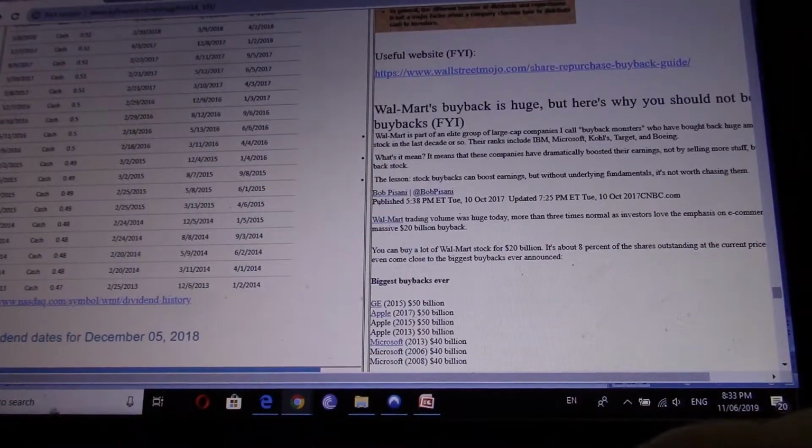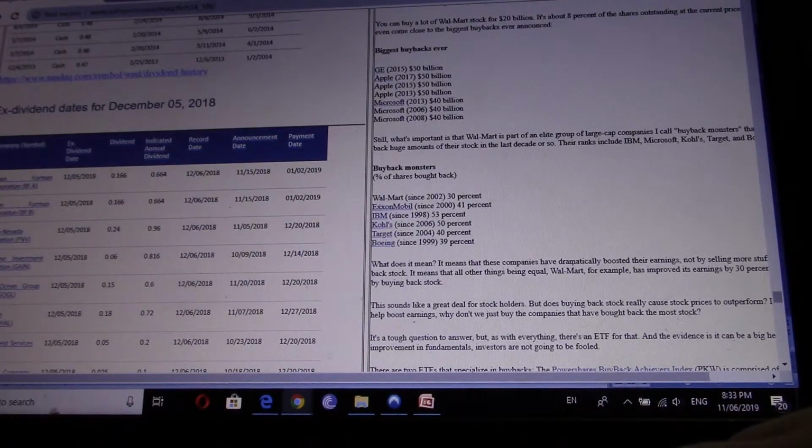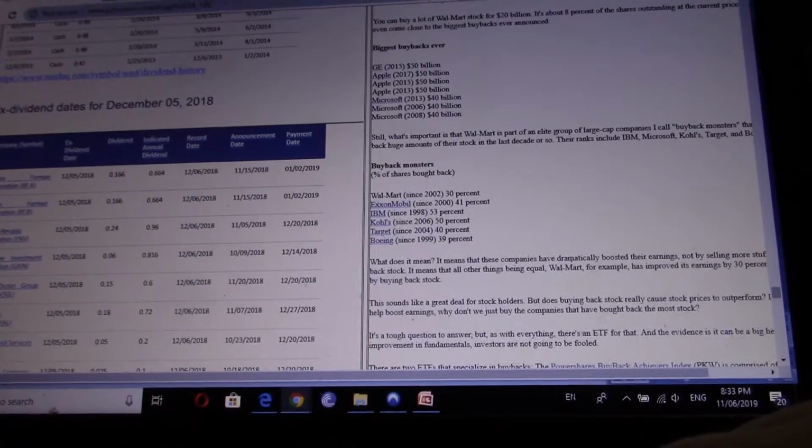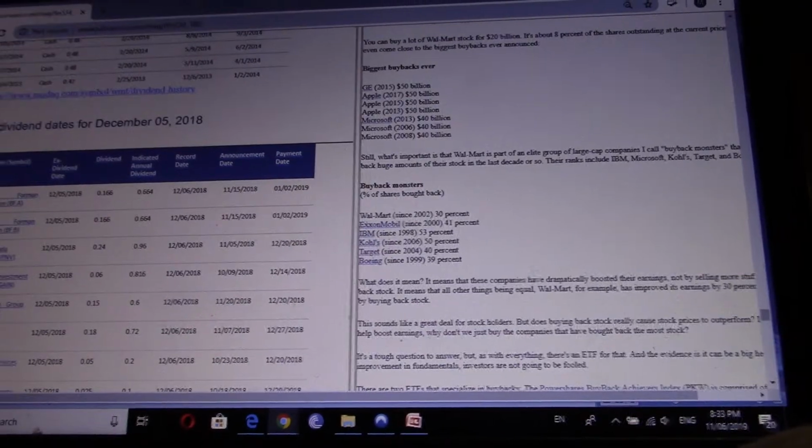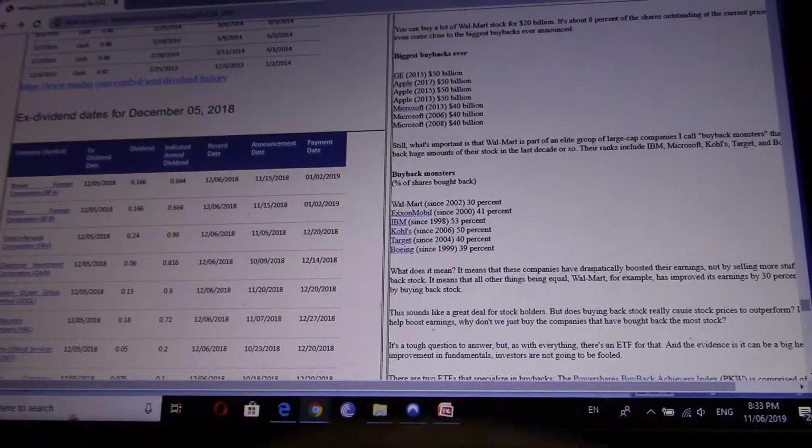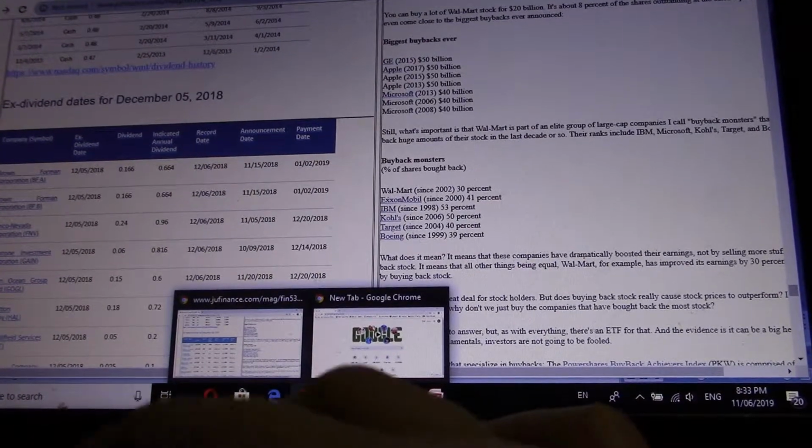You can click on the website and find more information. Other companies will do the same thing. They always follow their schedules regarding the dividend information. It's all public information.